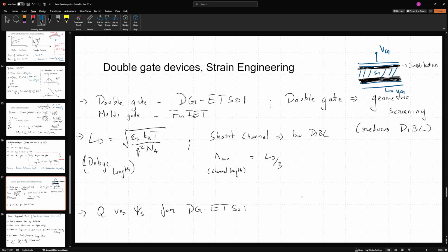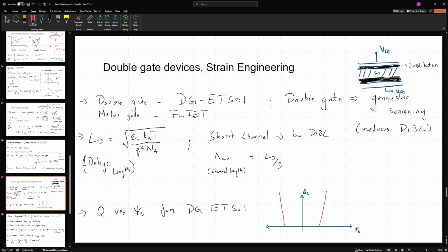So remember when I was talking about the symmetric relationship, that is going to be this. So when I have the surface charge QS, and this is the surface potential psi s, in case of a double gate device, I'm going to have a symmetric growth, like this.